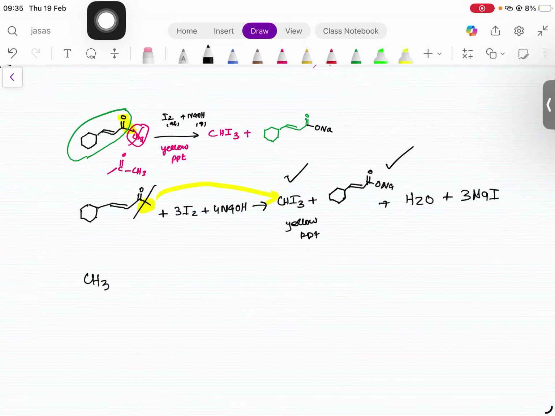Tell me, क्या ये reaction होगा या नहीं होगा? If होगा, so you have to write the product for this. CH3 CO CH3 plus I2 plus NaOH aqueous. Can you please write the product? Please write the product and balance it.